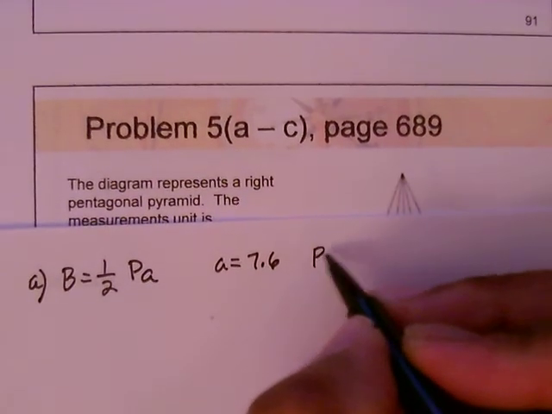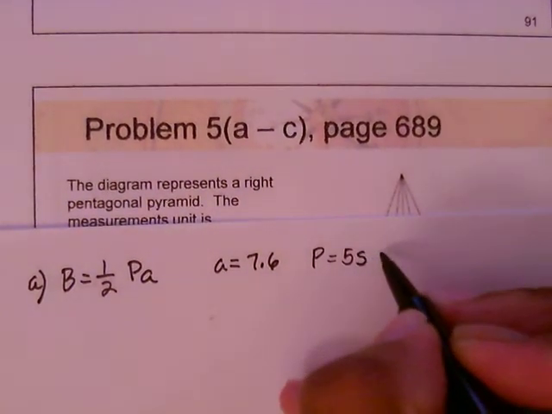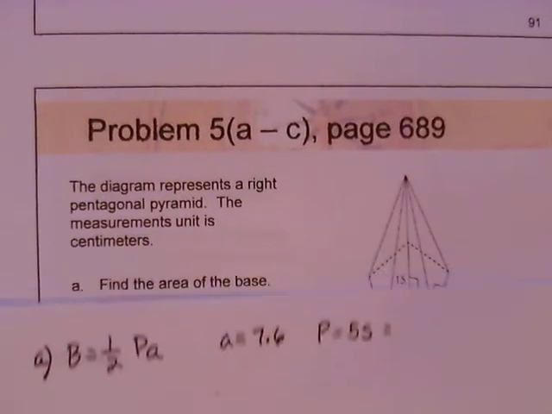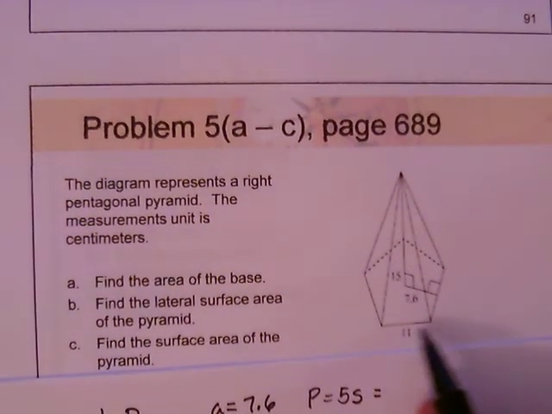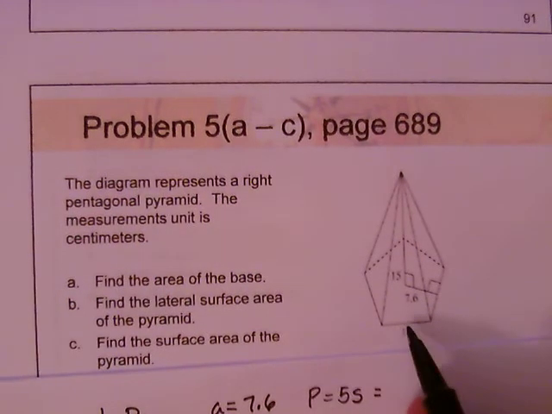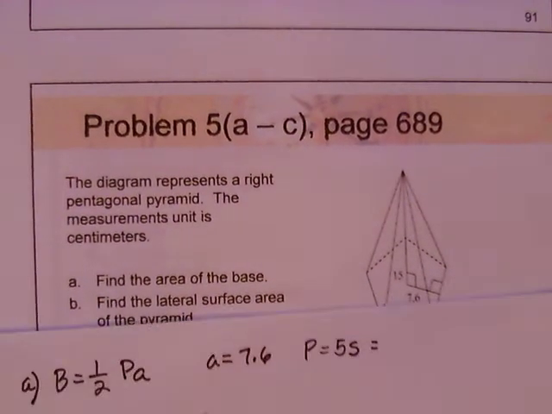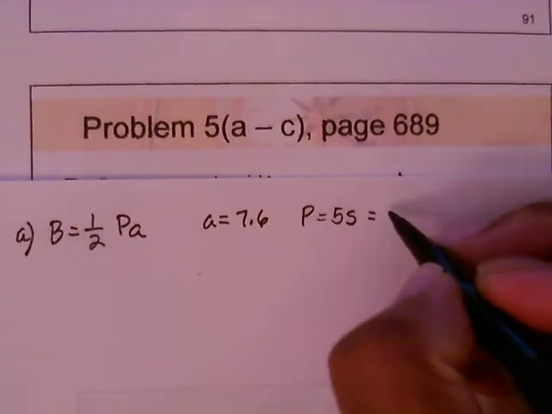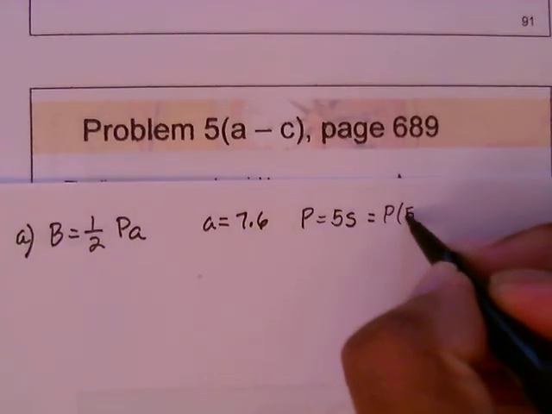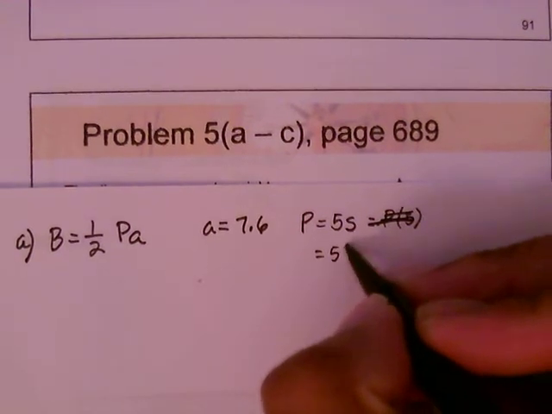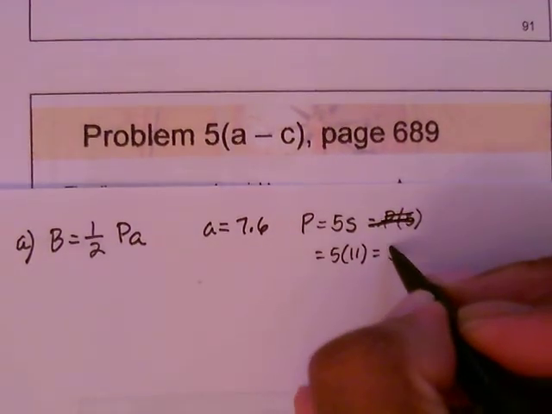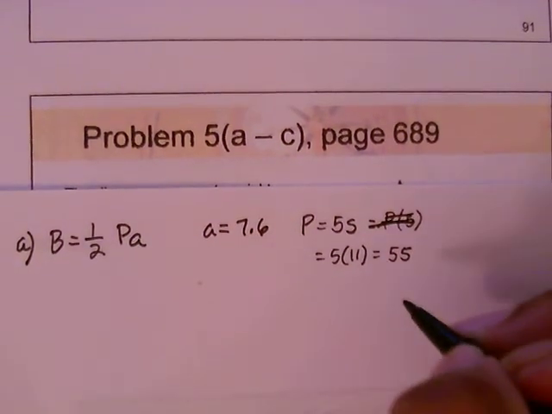The perimeter is 5 times S. So here, the length of the side is right here. That is, in this case, 11. So if I multiply 5 times 11, I will get 55. That's the perimeter, 55.